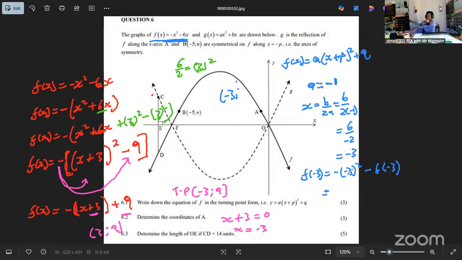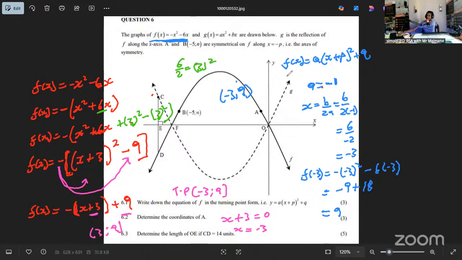So minus 3 squared would give us +9, but it would end up being -9 because of the negative outside. Then -6 times -3 would give us +18, which will give us 9. So now you know your turning point is -3 and 9.